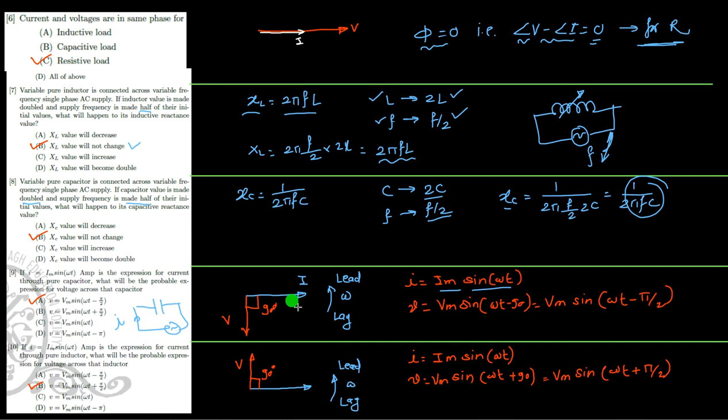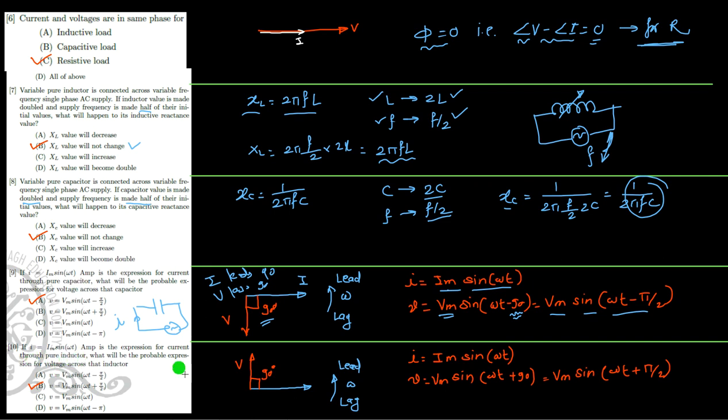We know that in pure capacitance, I leads the voltage by 90 degrees, that is, V lags the current by 90 degrees. That means Im is replaced by Vm, sin omega t as it is, but here we have to add the angle minus 90, because voltage in the pure capacitor lags by 90 degrees. Hence it is Vm sin omega t minus pi by 2. So this is correct.